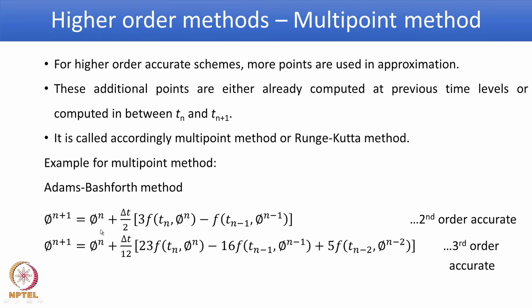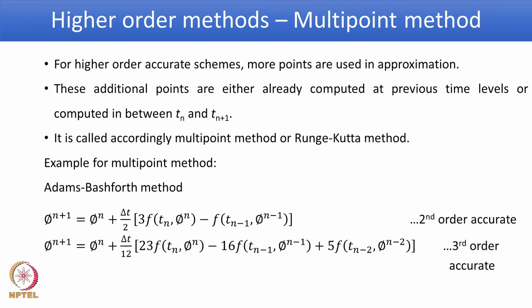So, phi at n plus 1 is phi of n plus delta t by 2 times 3 times the function evaluated at time level n minus 1 times the function evaluated at n minus 1 level. Then this is actually one step, which is the second order accurate Adams-Bashforth method.